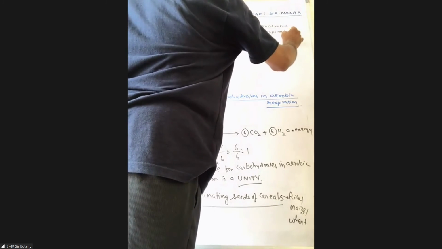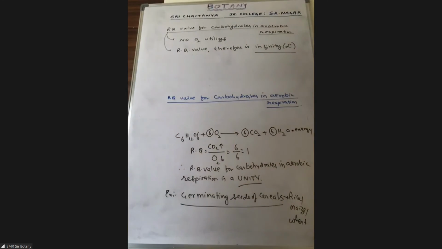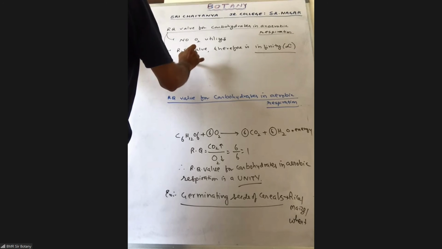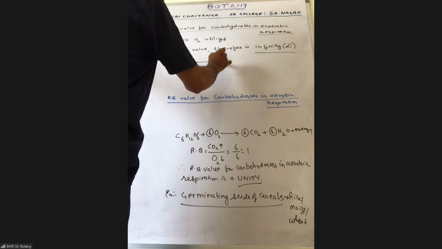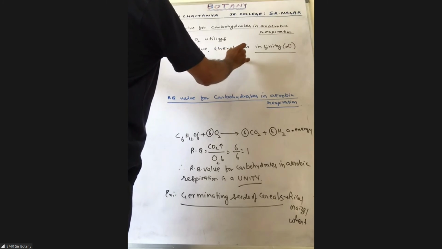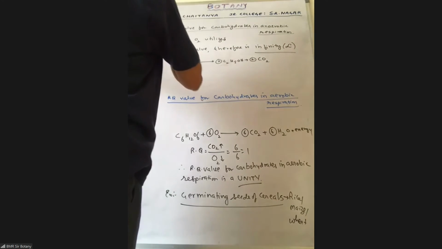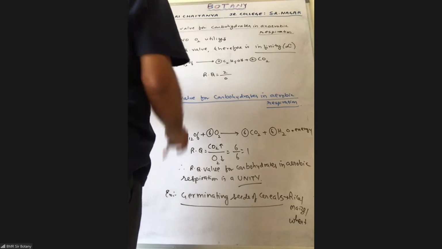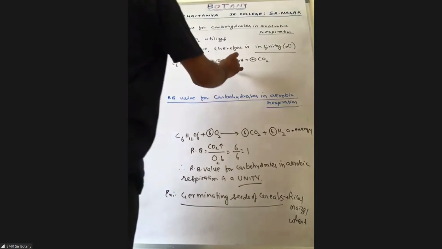C6H12O6 gives rise to 2 molecules of C2H5OH plus 2 molecules of CO2. Two by 0, infinity.